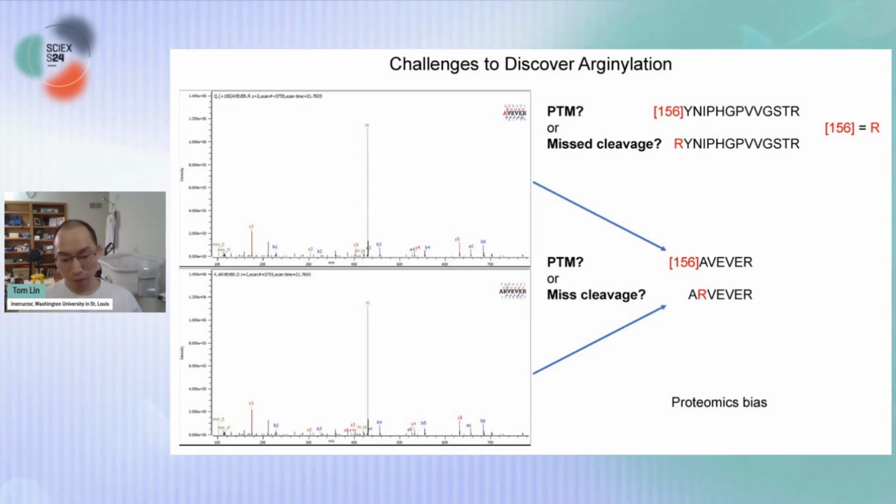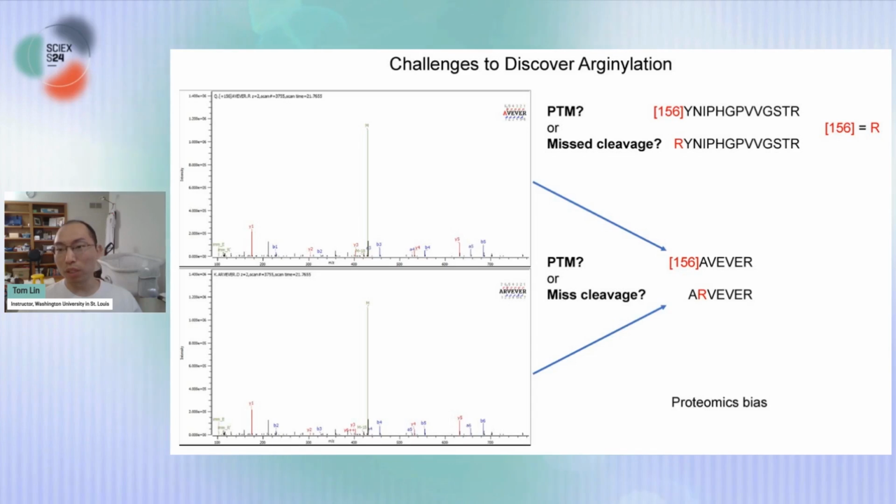But if you search the normal proteomics, allowing for miscleavages, you will get the R residue on the left side as a trypsin miscleavage. So it's really hard to differentiate whether this R is from the post-translational modification or it's a miscleavage.